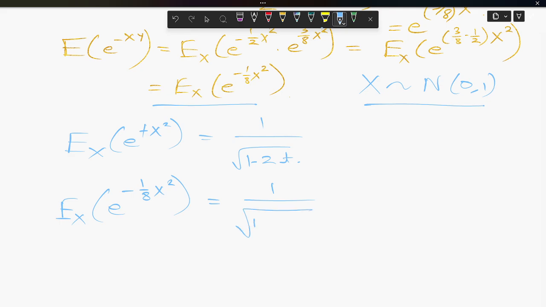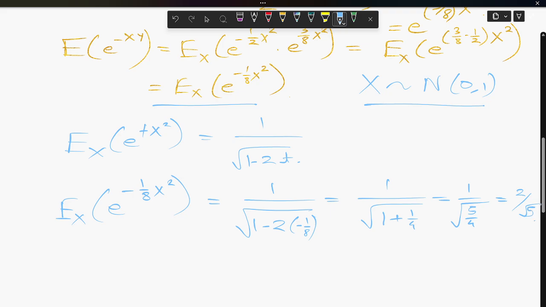Then we get 1 minus 2 times minus 1 by 8. Finally we get 1 by root over 1 plus 1 by 4, that is 1 by root over 5 upon 4, which is equal to 2 by root 5.